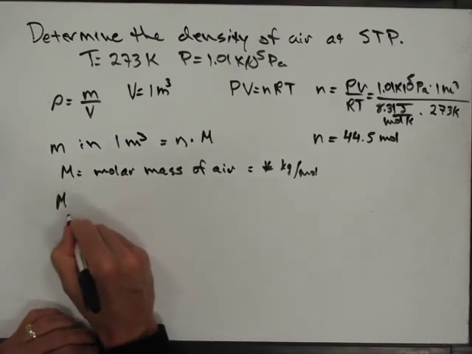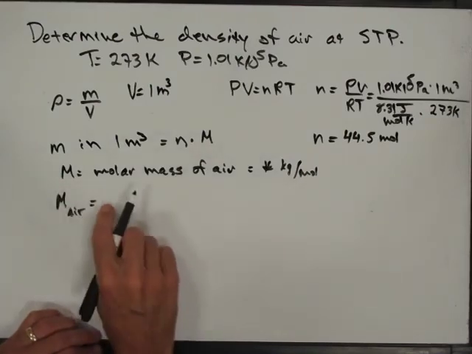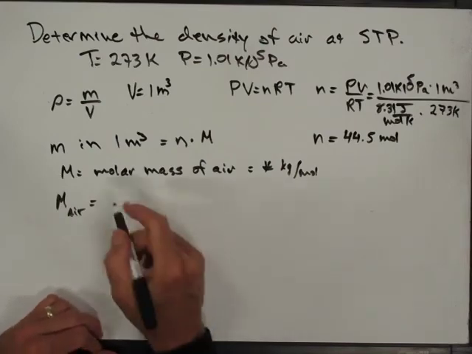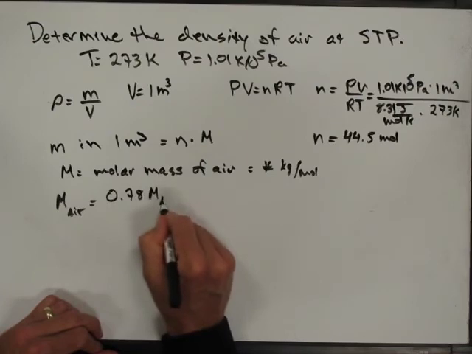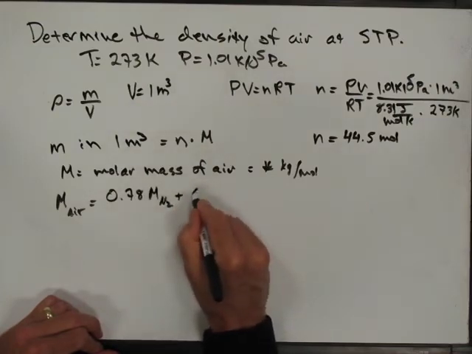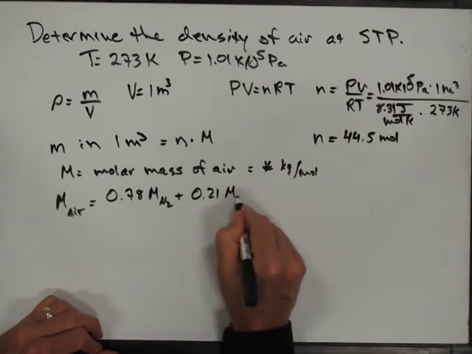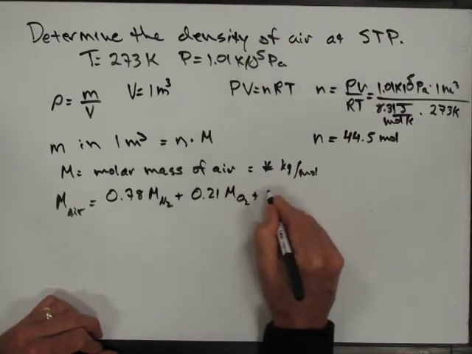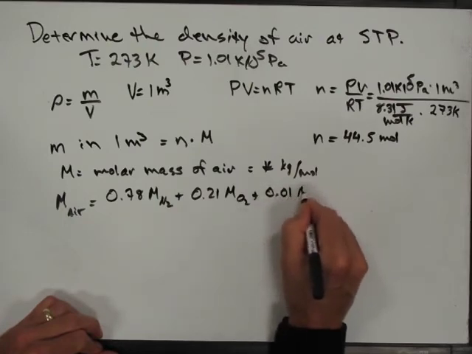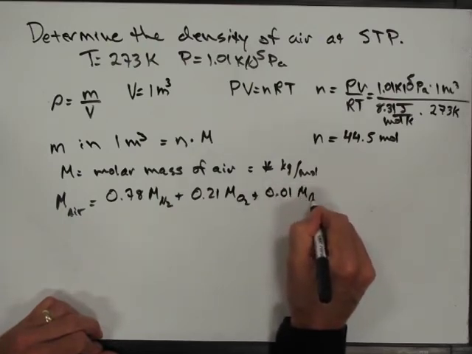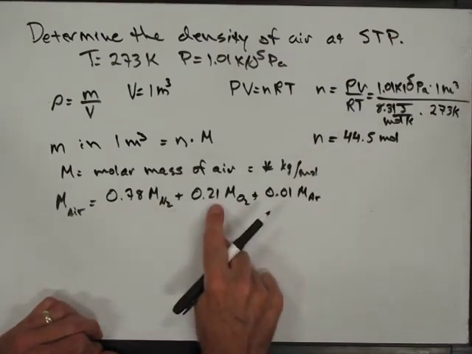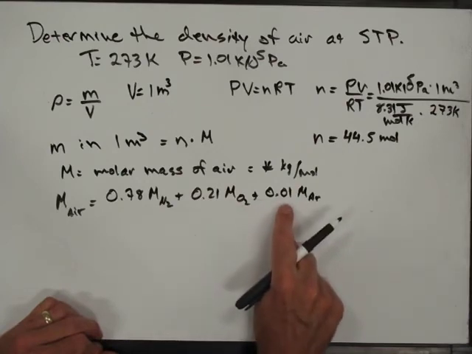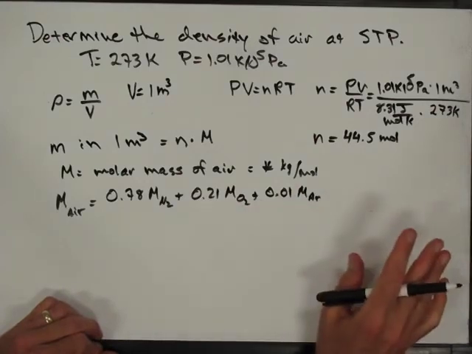The molar mass of air is just the weighted average of what's in it. So it's 0.78 times the molar mass of nitrogen, plus 0.21 times the molar mass of oxygen, plus 0.01 times the molar mass of argon. That's because the air is 78% nitrogen, 21% oxygen, 1% argon, and then other stuff.